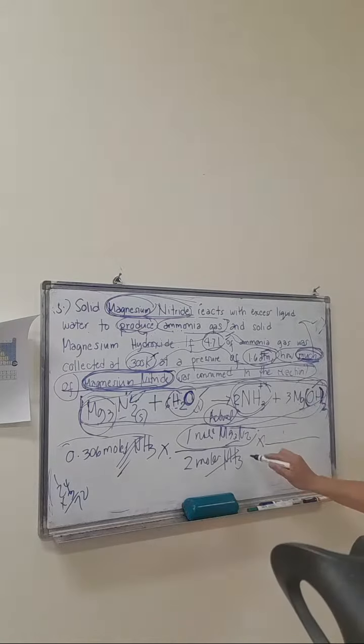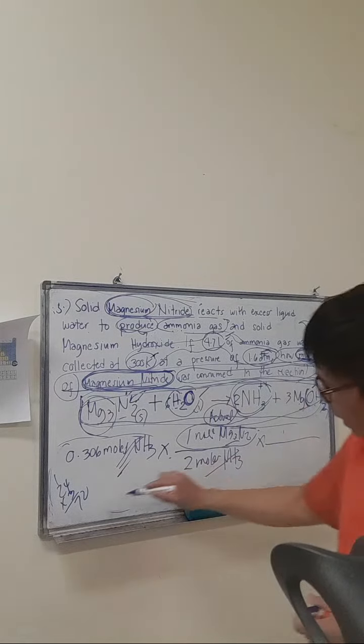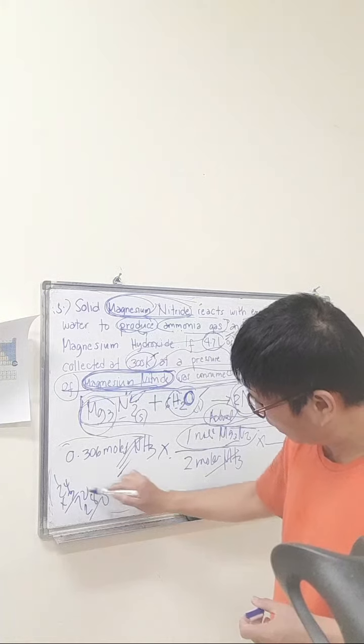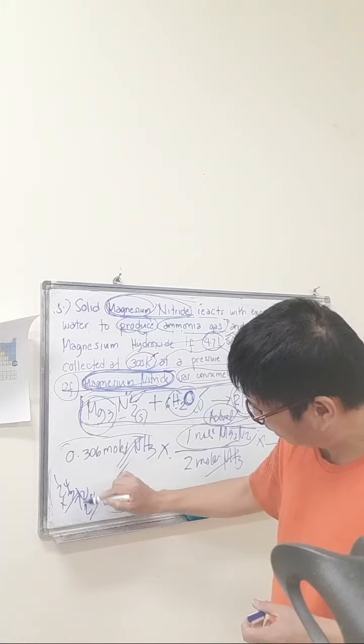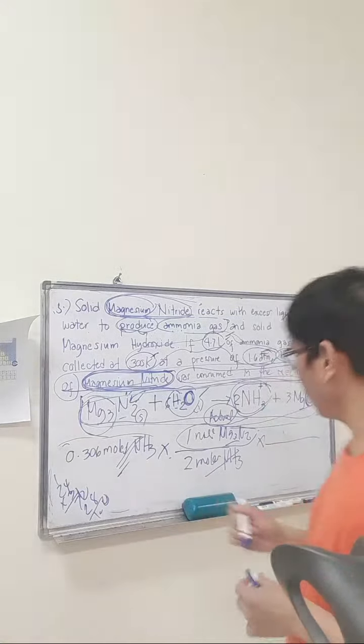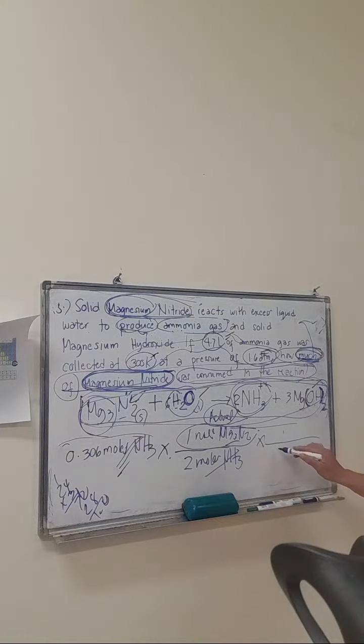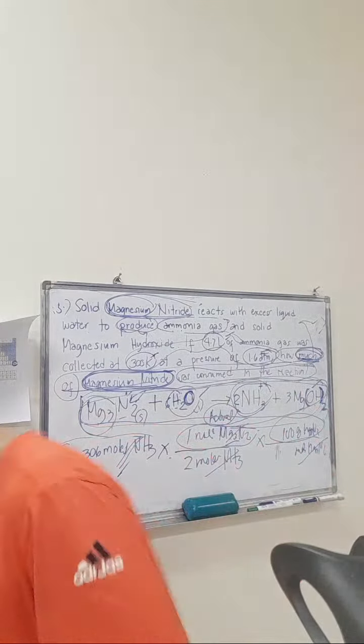And then nitrogen, 2 times 14, 28. So 72 plus 28 is 100. So the molecular weight is 100 grams per mole of magnesium nitride, in the numerator so that the moles cancel. What remains is the grams of magnesium nitride.